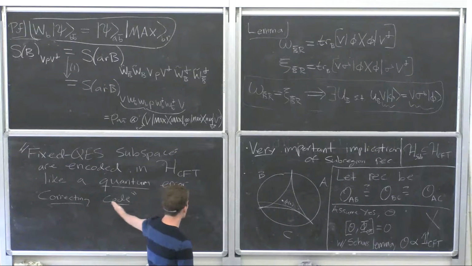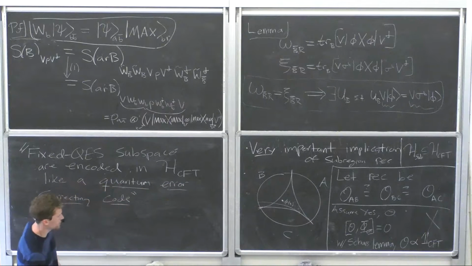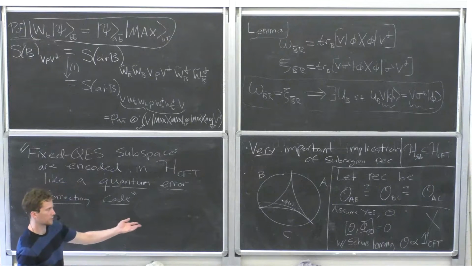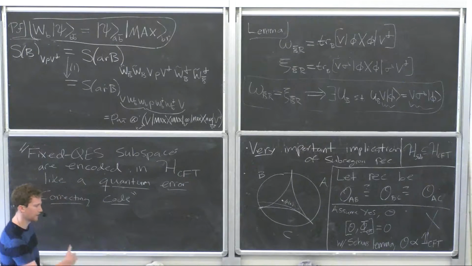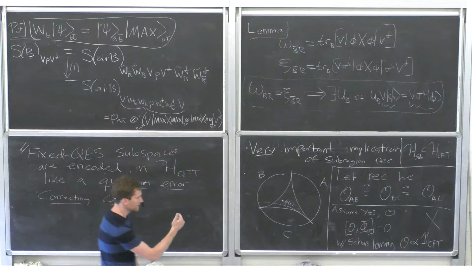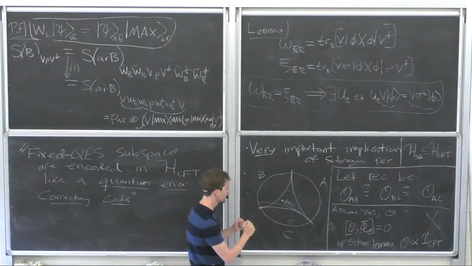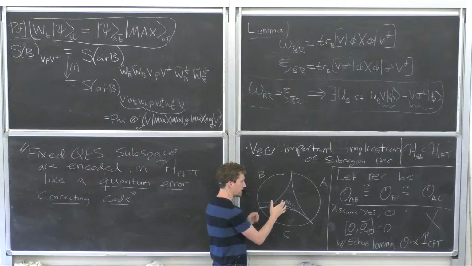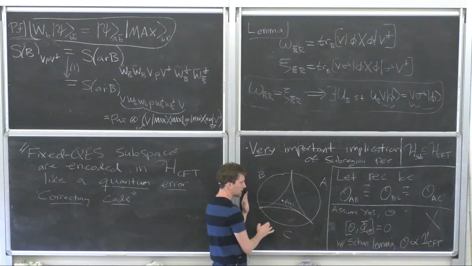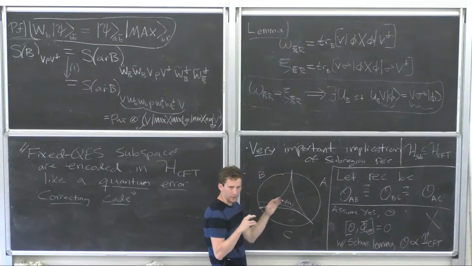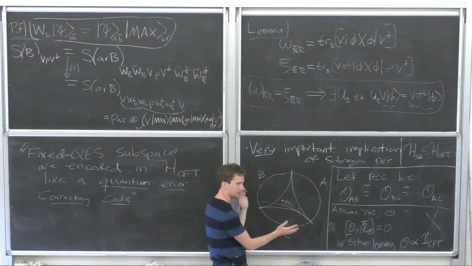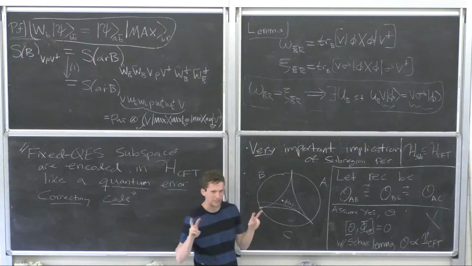So what is this terminology, quantum error correcting code? How does that have to do with operators that work in a subspace and not on the full Hilbert space? Well, the fact that you can reconstruct phi on, say, B and C without A is like you are correcting for the erasure of A. You still have the ability to write down this operator acting on the CFT Hilbert space, even if A were erased.